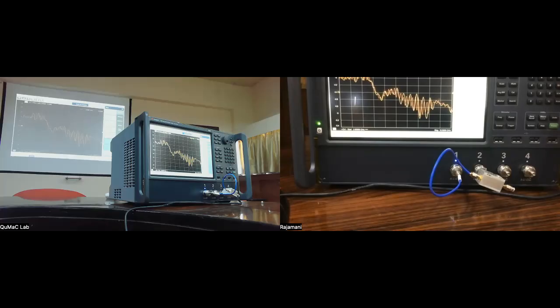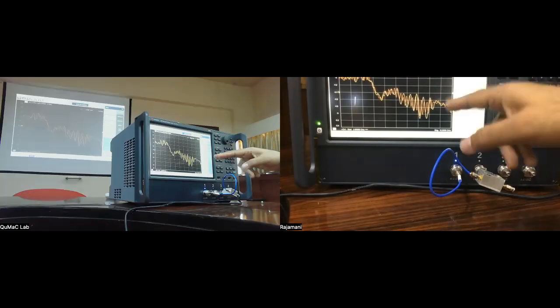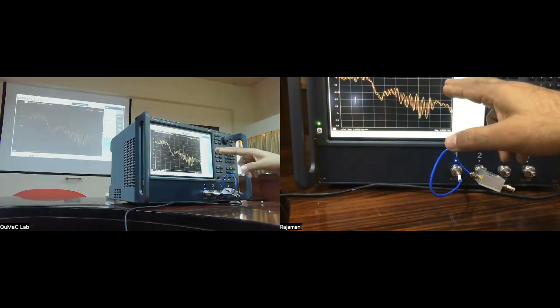An ideal passive network, which is reciprocal, will have those two terms equal. But when you use an instrument like a network analyzer to measure it, it's actually measuring two different things. That's why you have a difference here.